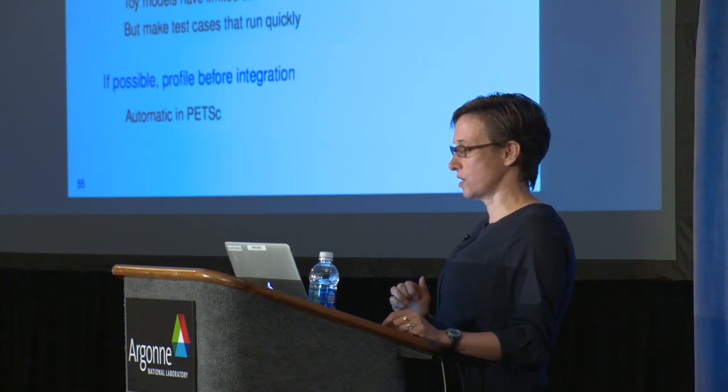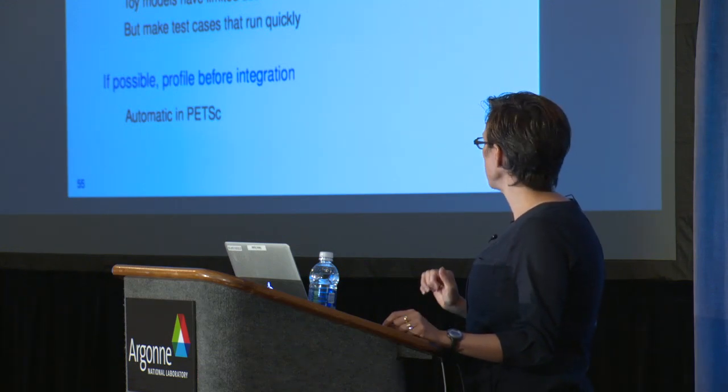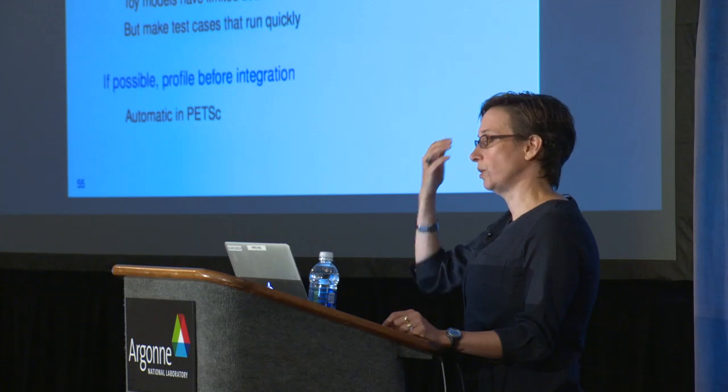As Satish will discuss in a few minutes, it's important to profile your code as you're building it up and working with it. Within PETSc, there are capabilities to automatically build up that profiling and use it very effectively.